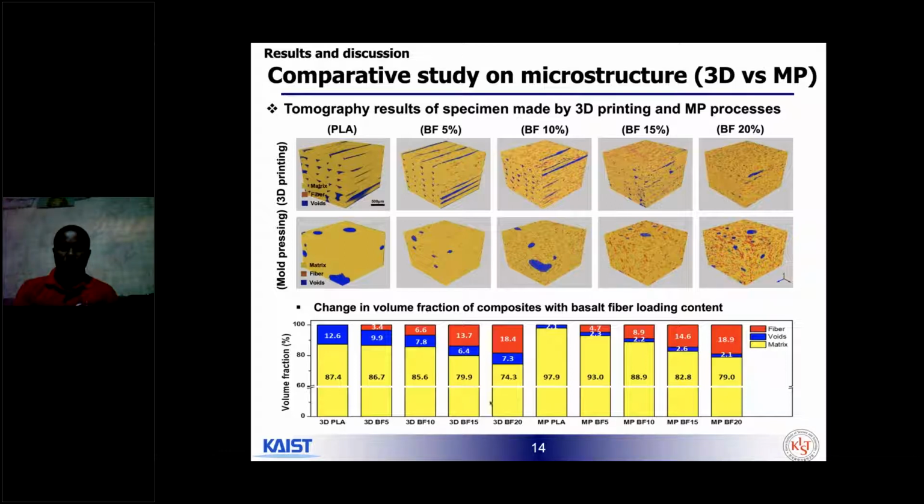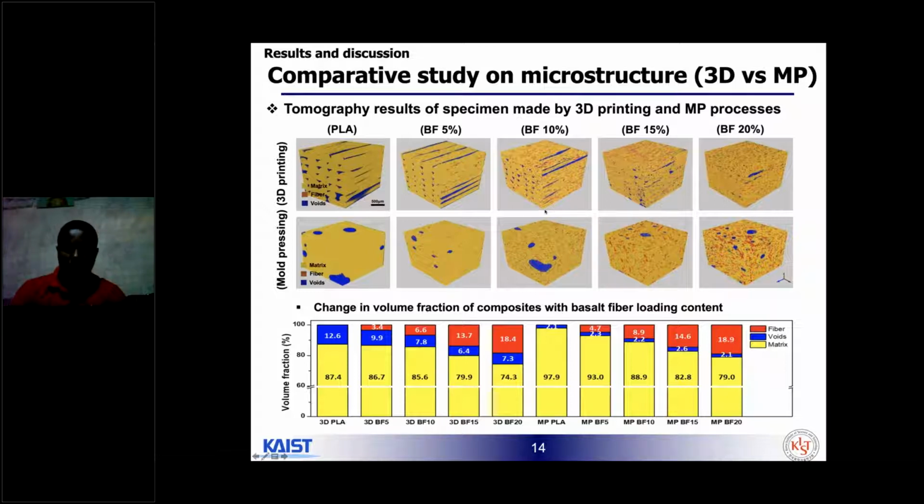As noted above, there is a significant difference in the trend of change in void volume fraction with fiber loading content between the two groups. Especially in 3D printing, it was clearly observed that the higher the fiber loading content, the smaller the blue air gap between the layers that was generated. This result means that the fiber played an important role in the reduction of such unnecessary void.